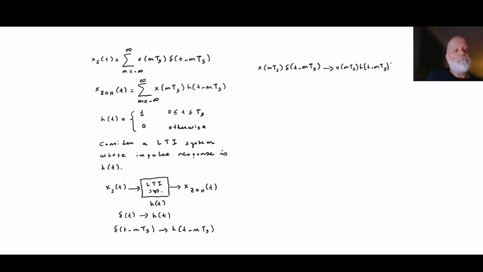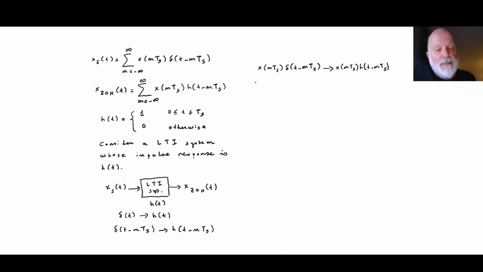This is due to time invariance: a shifted impulse gives us the shifted impulse response, and when we weight the shifted impulse by x of m Ts, by linearity, we have the same weight appearing at the output.